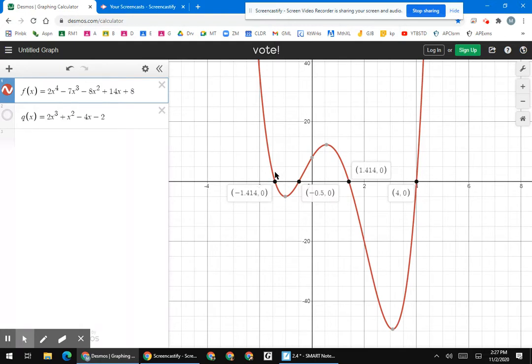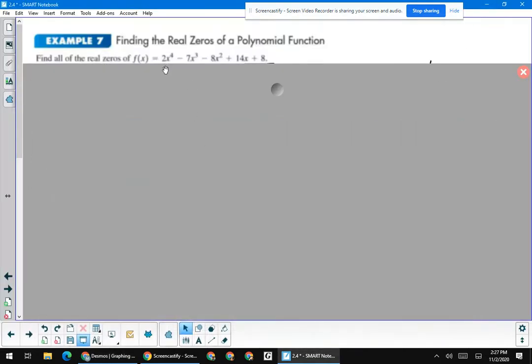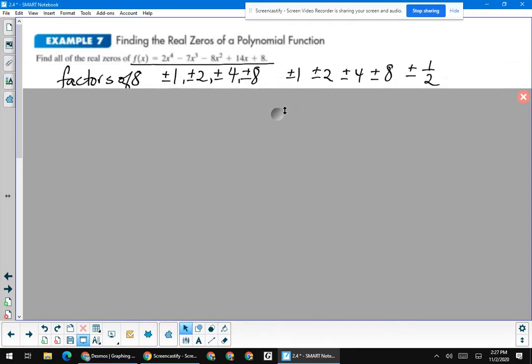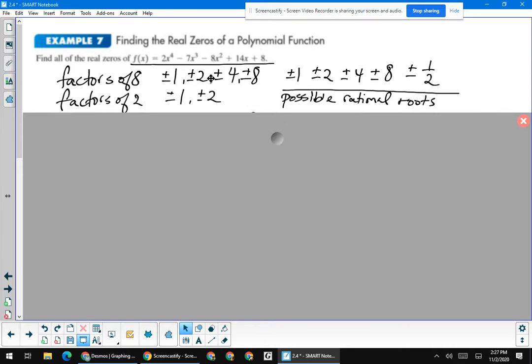Now, if we didn't have the technology, what we would do is look at the first and the last number and know that those are indicative of the rational zeros. So we're going to list out all the possible factors of 8 and all the possible factors of 2, because if we were able to factor this and solve it by hand, the first and the last numbers of a standard form polynomial basically help us get those.